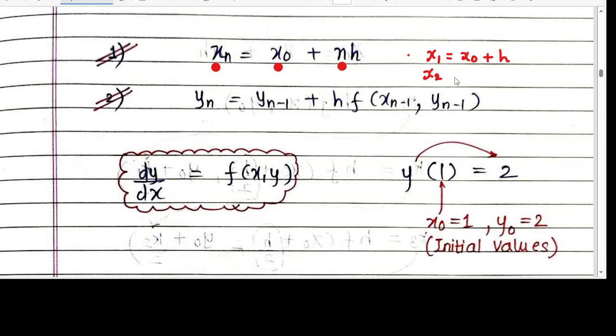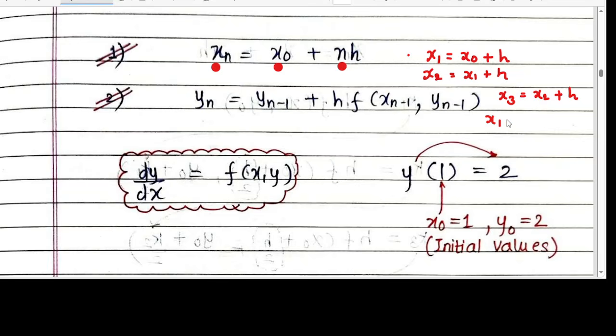If you want x2, that will be x1 plus h. If you want x3, you can write x2 plus h, or the same thing you can define in terms of n also.